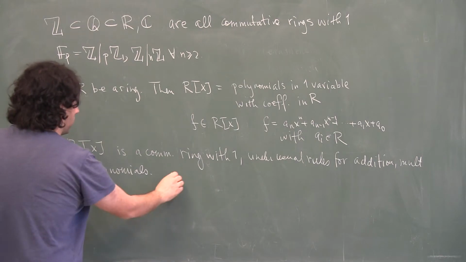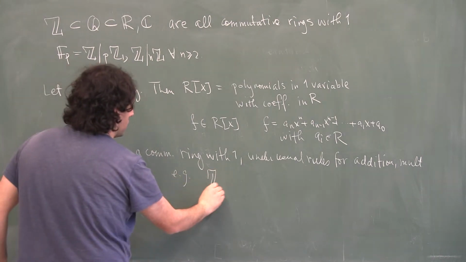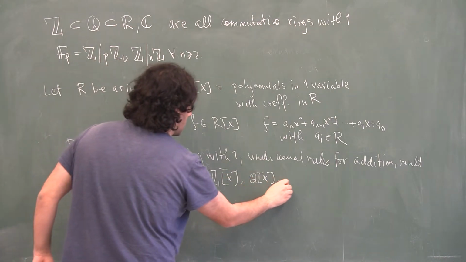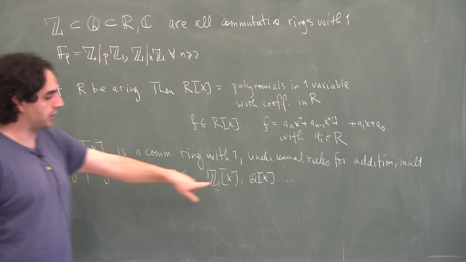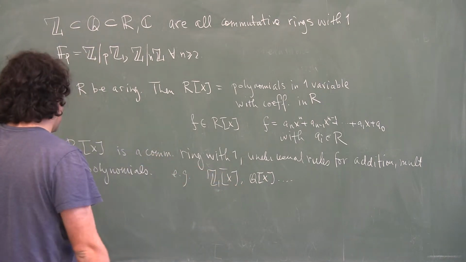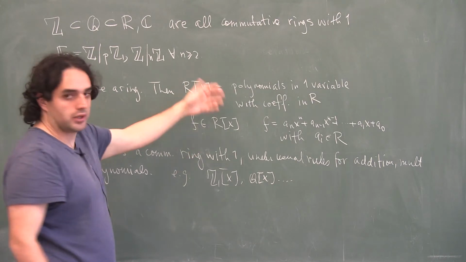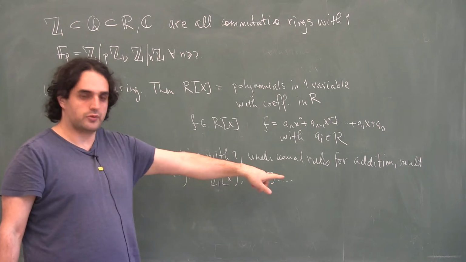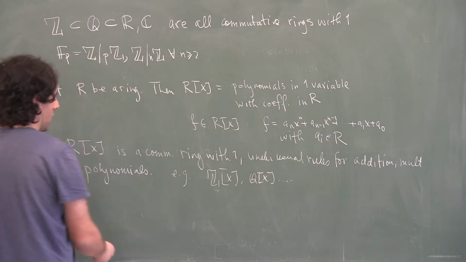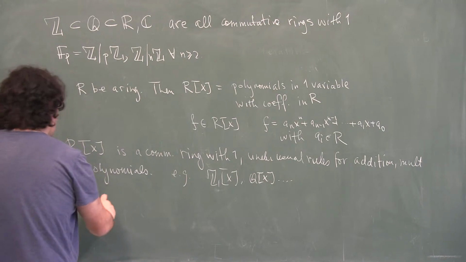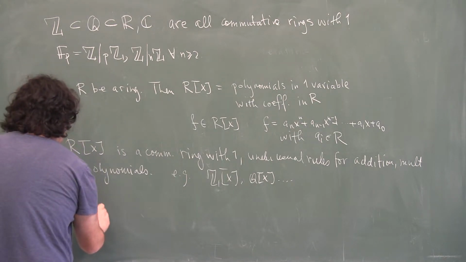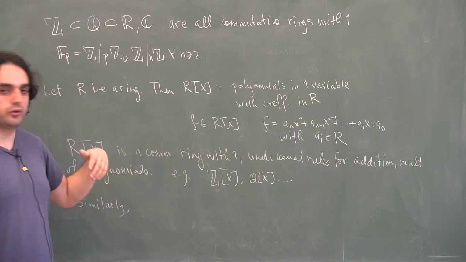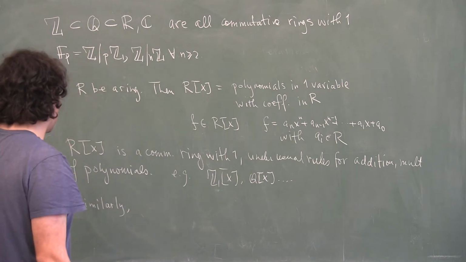So we get Z[x], Q[x], and so on. Taking rings that we already know, we can take [x]. And we can iterate this construction. We can take Q[x] and then look at polynomials in one variable over that. What would that give? That would just be the same thing as polynomials in two variables with coefficients in Q.